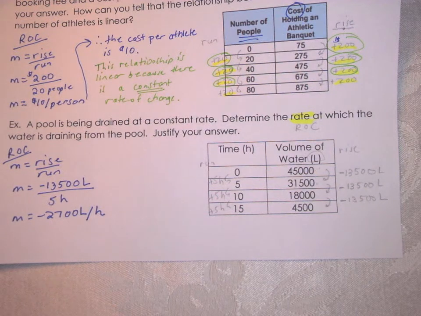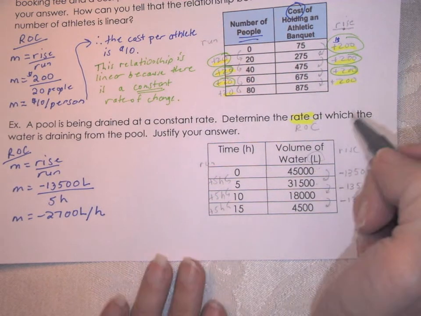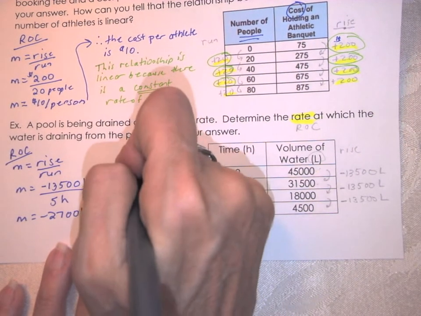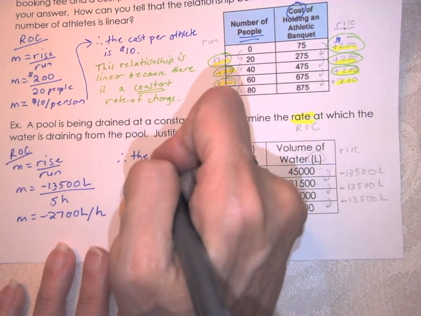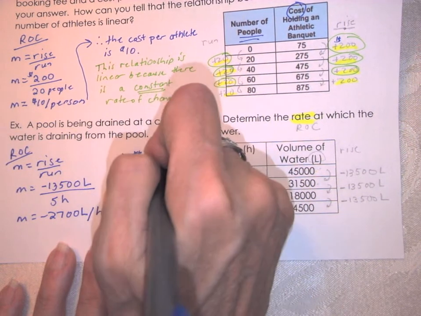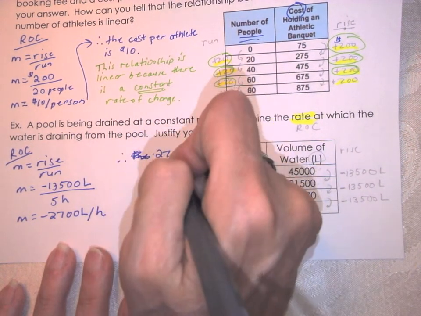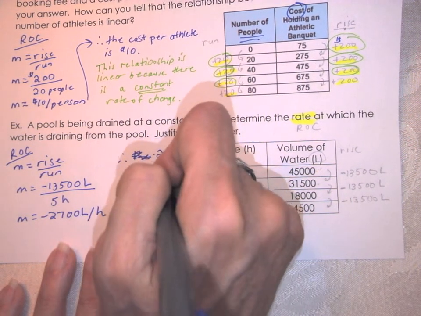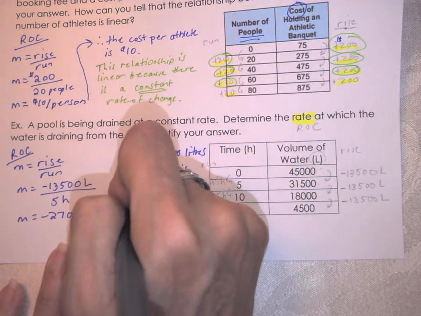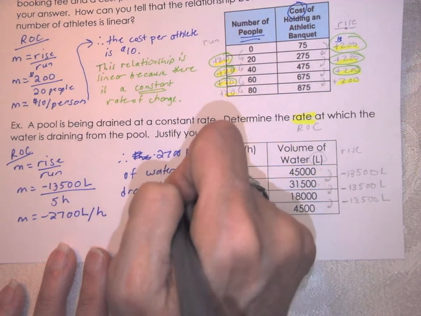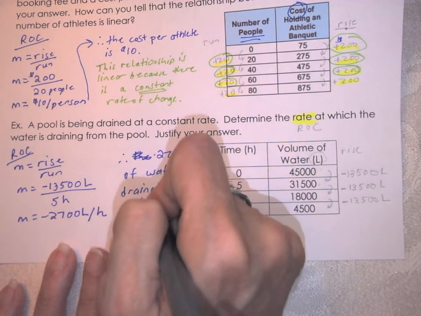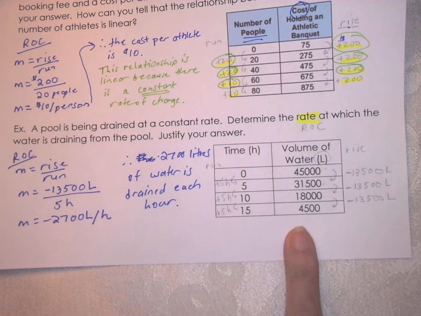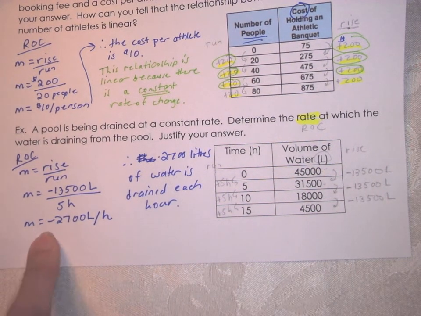So determine the rate at which the water is draining from the pool. Therefore, 2,700 liters of water is drained each hour. And our justification is showing our analysis of the table and finding our rate of change.